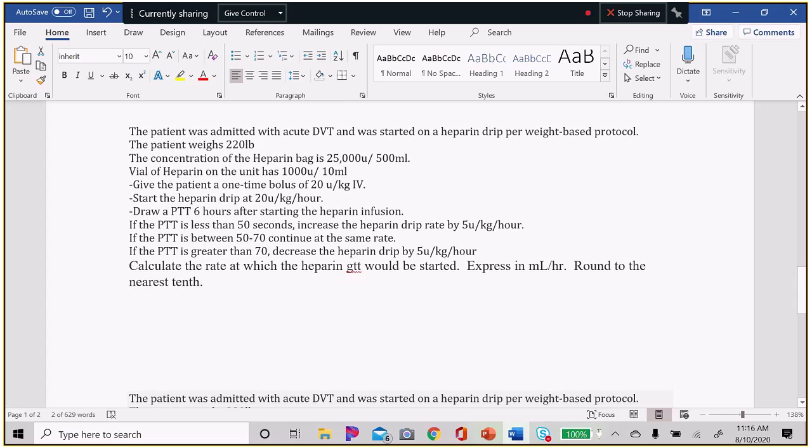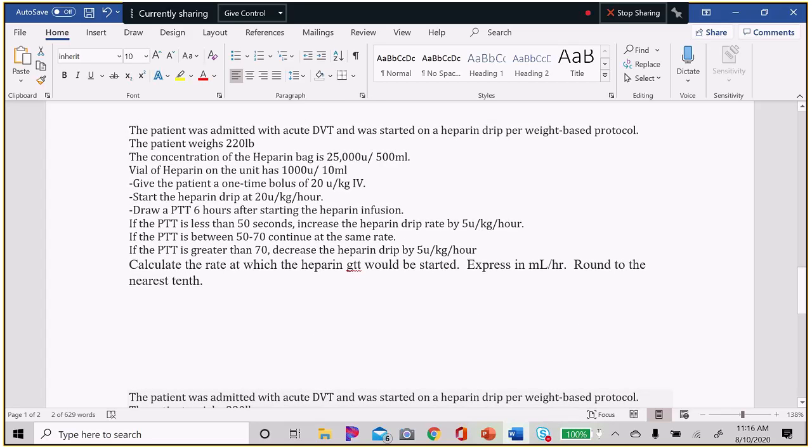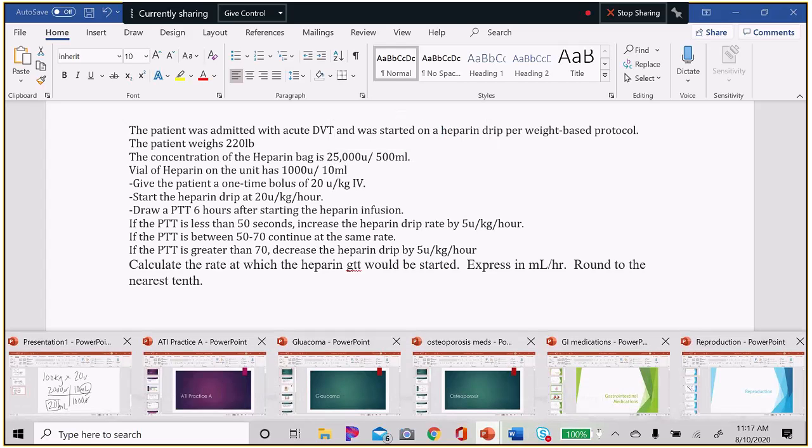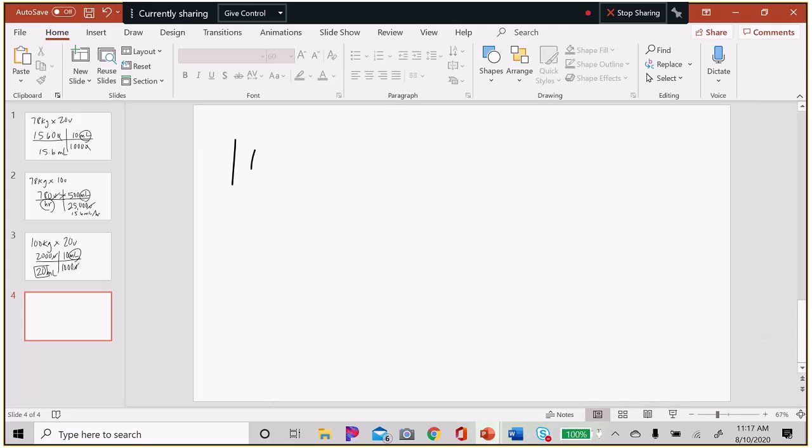Next one, again, this is the patient that weighs 100 kilograms. We're going to calculate the heparin infusion rate at the beginning, rounding to the nearest tenth. So we're supposed to start the infusion, the drip, at 20 units per kilogram per hour, and this patient still weighs 100 kilograms, and we're going to use the bag because this is the constant infusion rate, or the heparin drip. This patient weighs 100 kilograms times 20 units per hour.